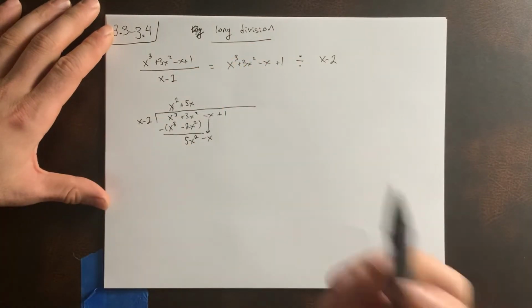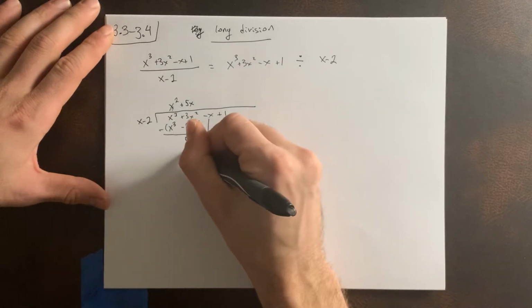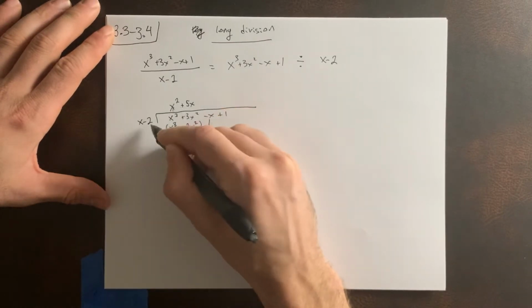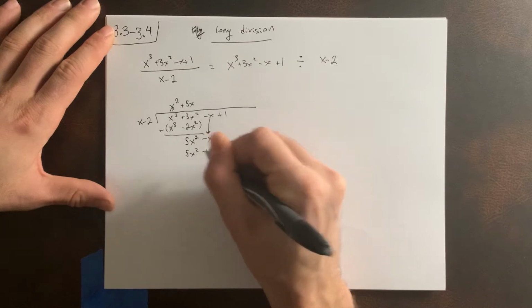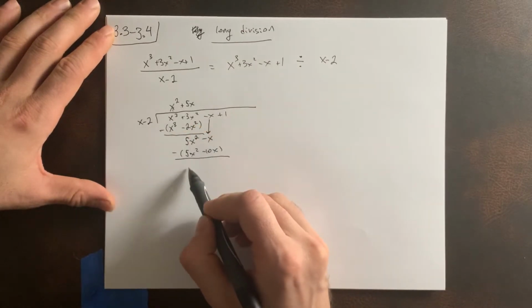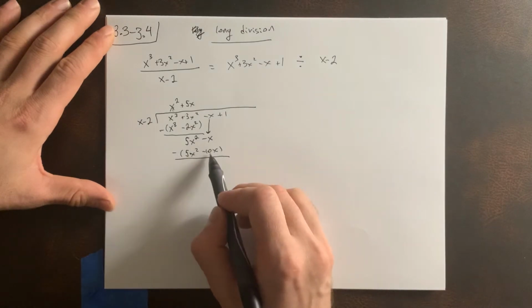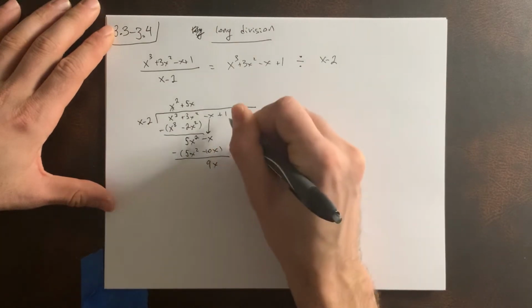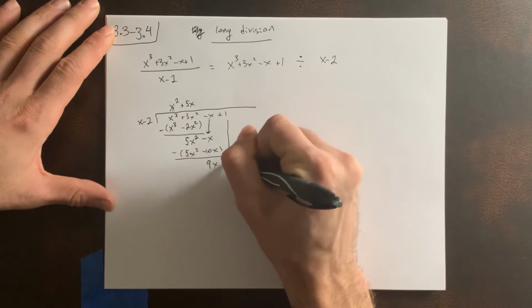Then we do the multiplication: 5x times x is 5x squared, 5x times minus 2 is minus 10x. Put parentheses, a minus sign, and subtract. That minus that is 0. Minus x minus a minus 10x is 9x. Then bring down the next piece, plus 1.